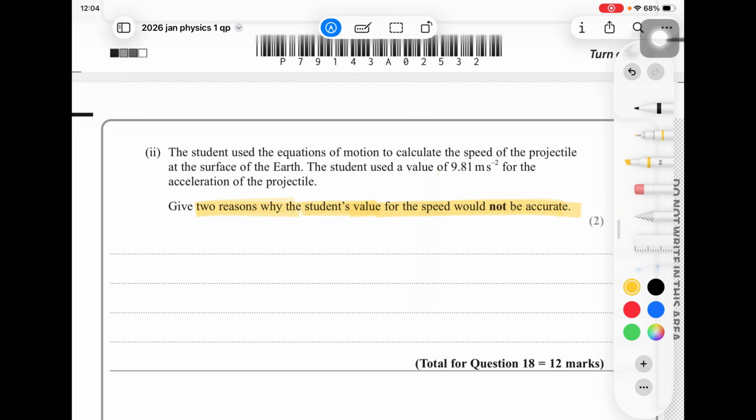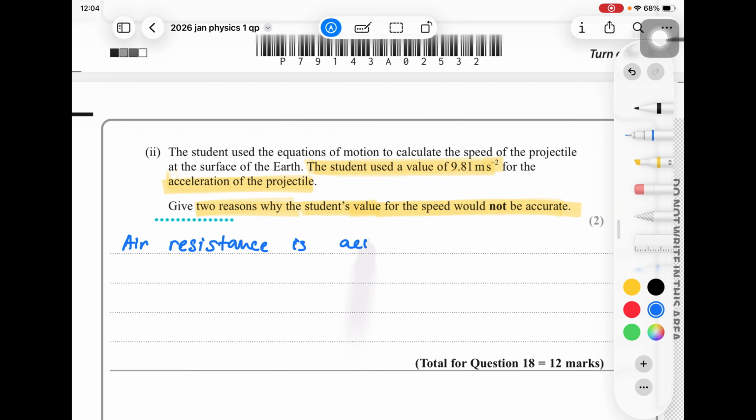So what he's saying is the student used this value for the acceleration of the projectile. What we would say is, we do these calculations thinking the air resistance is negligible, right? It's not. So we can say air resistance is acting on the projectile.